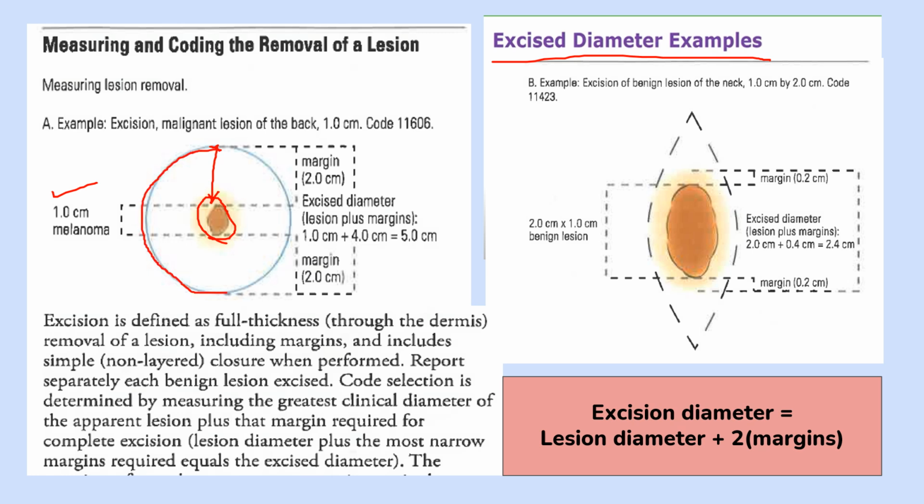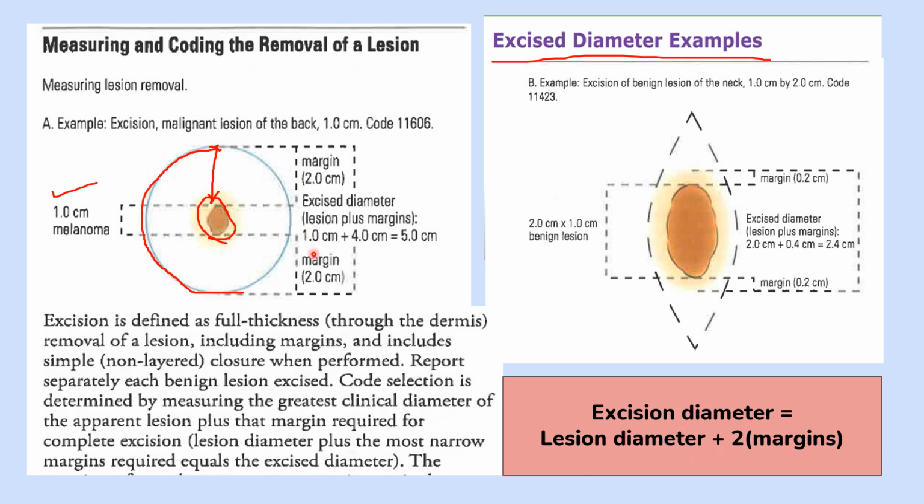So what will be the total excised diameter? To find out the total excised diameter, I use the formula: excision diameter is equal to lesion diameter plus 2 into margin.